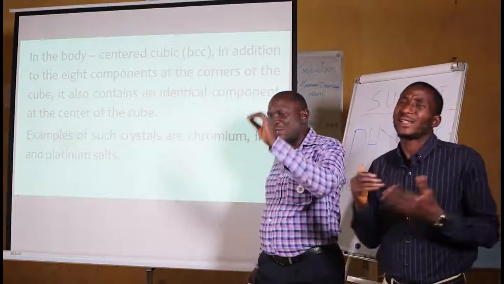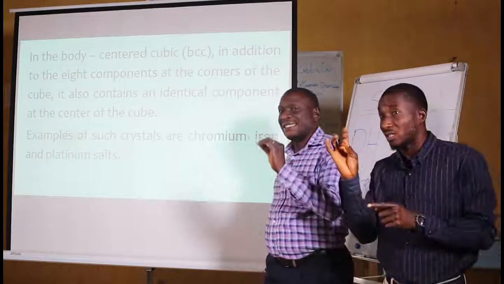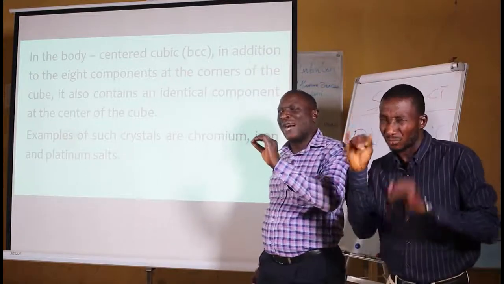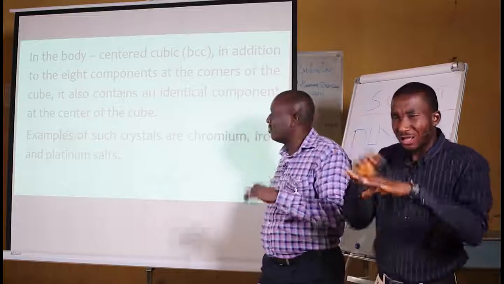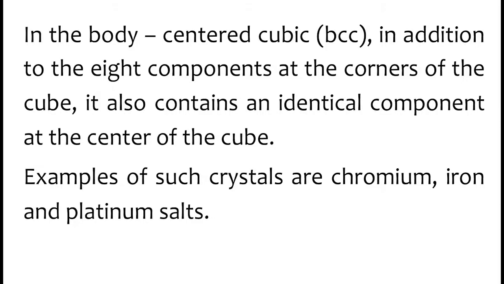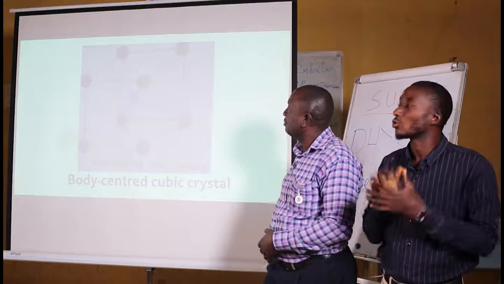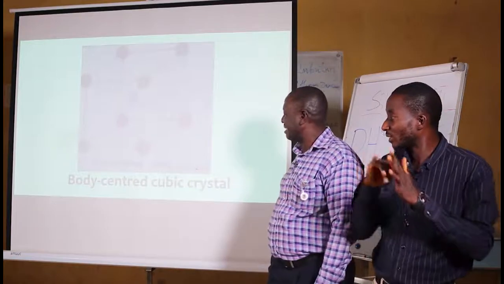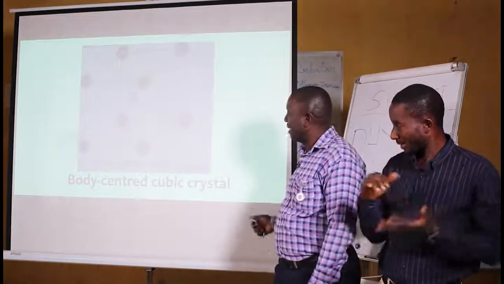So apart from those 8 components at the corners, there is one identical one also at the center of the cube. Examples of such crystals are chromium, iron, and platinum salts. Now here we have the diagram of body-centered cubic crystal.